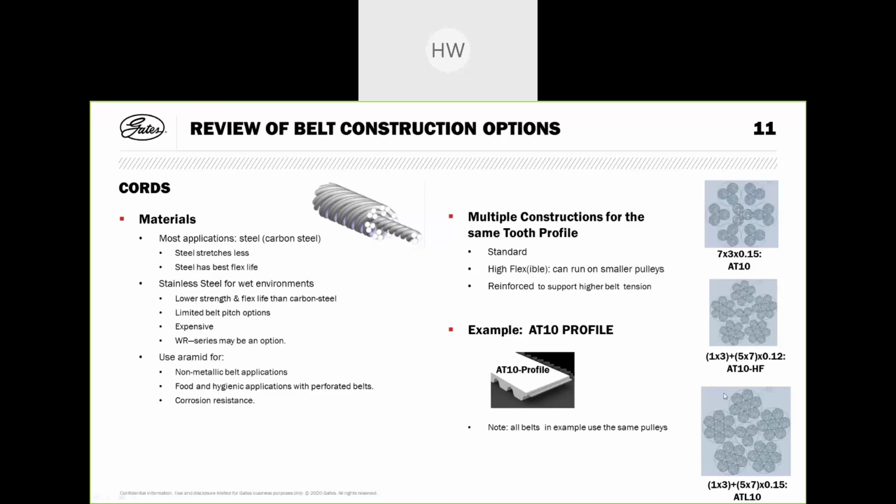The diameter of the standard cord and the high flex cord is 0.9 millimeters, whereas the reinforced cord is bigger, it's 1.2 millimeter. So that shows you the various options we have by using standard cord, high flex cord, or reinforced cord for the higher belt tension.